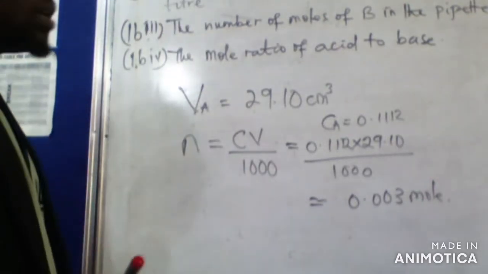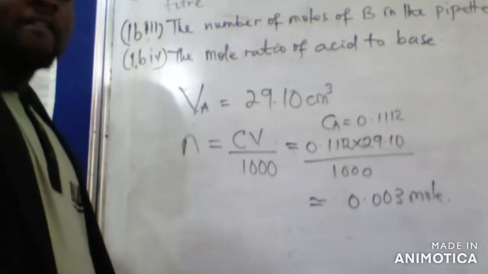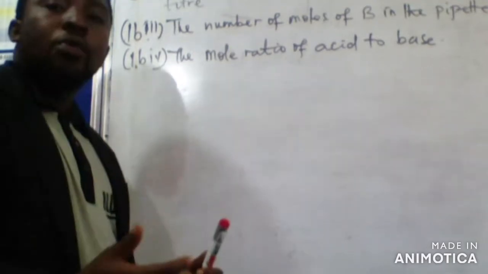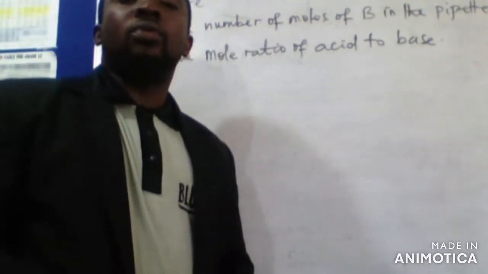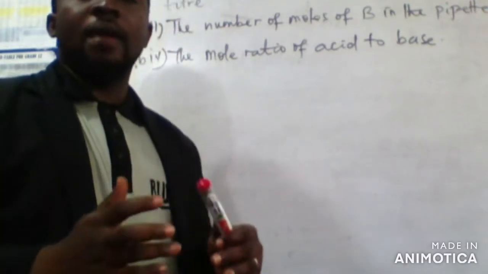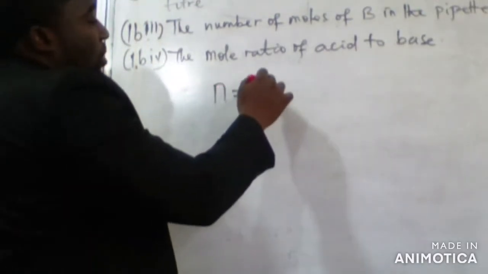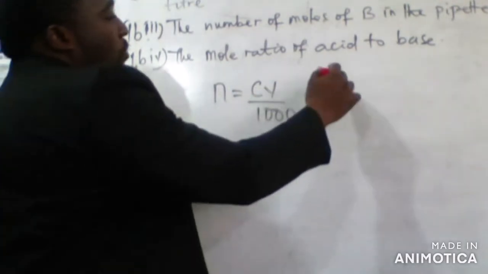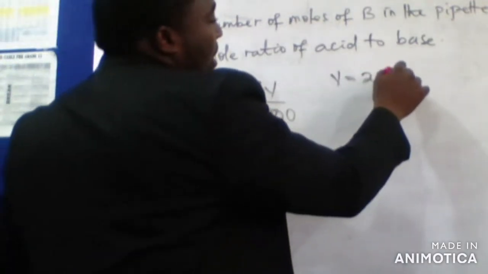The next question says we should find the number of moles of B in the pipette. Now the volume of the pipette used in my center is exactly 25 cm cube, and that's the volume we're going to use in the same expression, n is equal to CV over 1000. So the V here will be the volume of the pipette used, which is 25 cm cube.